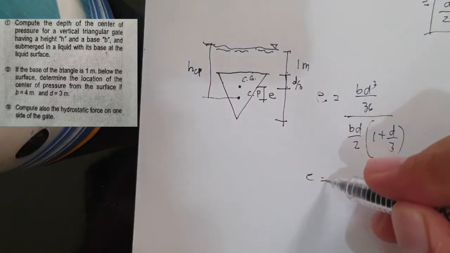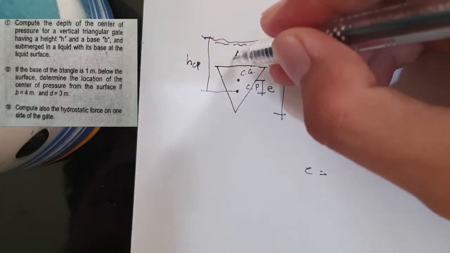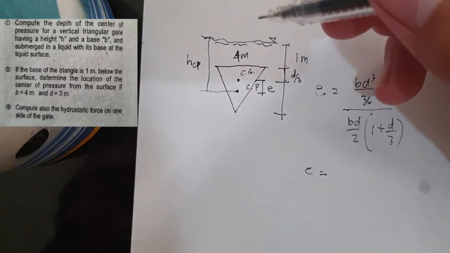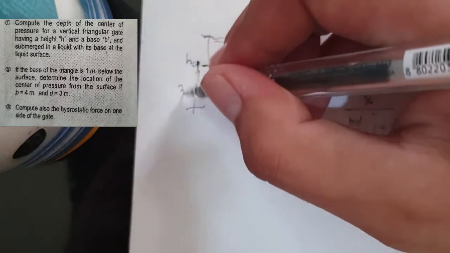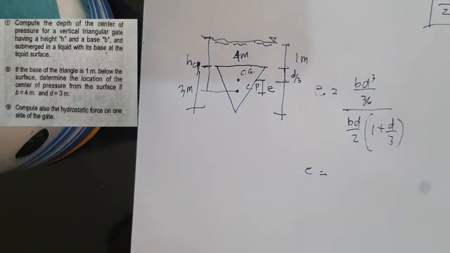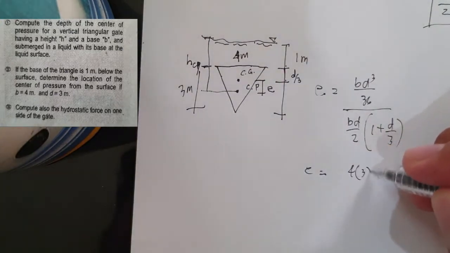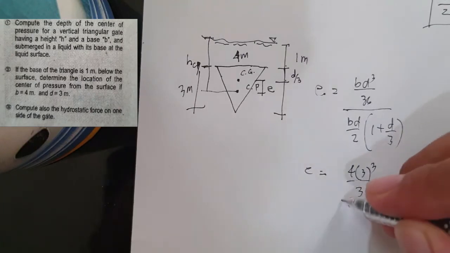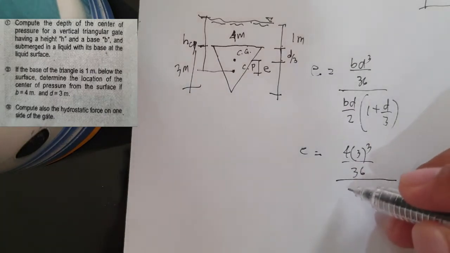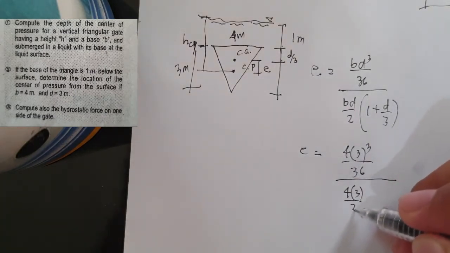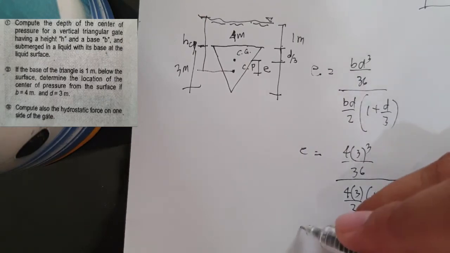Okay, so E, the base is 4 meters, depth 3 meters, 4 by 3. So 4 times 3 cube over 36 divided by 4 times 3 divided by 2, 1 plus 3 over 3. Okay, compute.